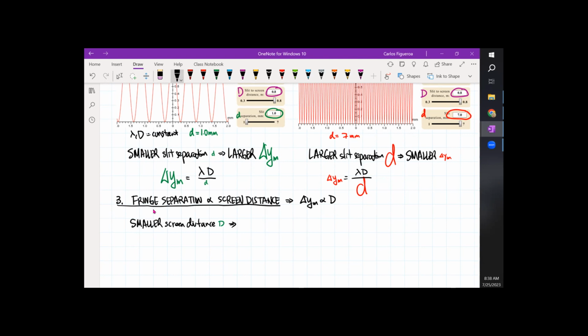That tells me then that I'm going to have smaller fringe separations, delta y of m. On the other hand, if I have a larger screen distance, let's call this big D, then I'm going to get large screen separations. Again, because it's directly proportional.